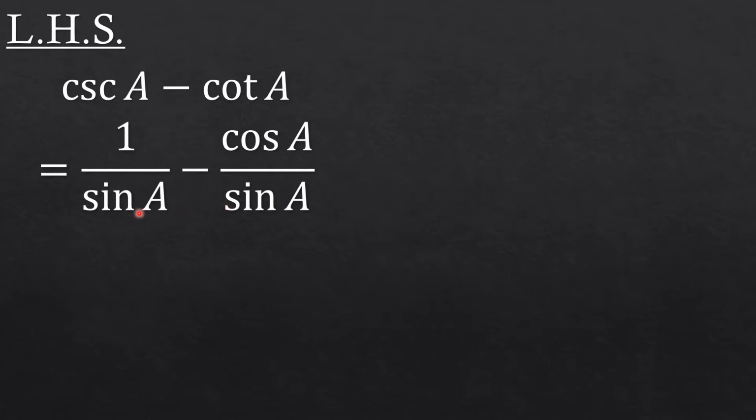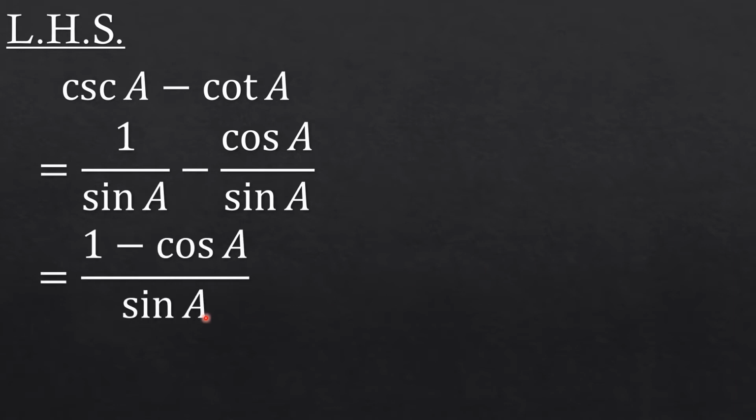I can take the LCM of the denominators and I will get sin A. Let me write that down. When I take the LCM sin A, I divide it by both denominators and I get 1. So 1 multiplied by 1 means 1, and 1 multiplied by cos A gives us the same cos A. So it becomes 1 minus cos A.